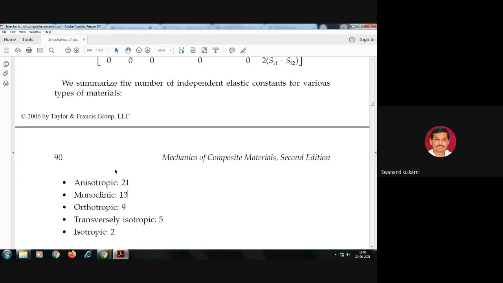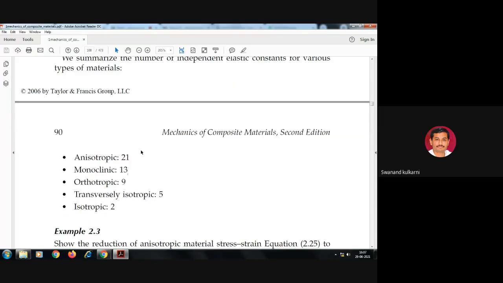Anisotropy and homogeneity, for that 21. Then monoclinic and homogeneity 13, orthotropic and homogeneity 9, transversely isotropic and homogeneity 5, and for isotropic and homogeneous, only two parameters are sufficient to represent the behavior of the material.